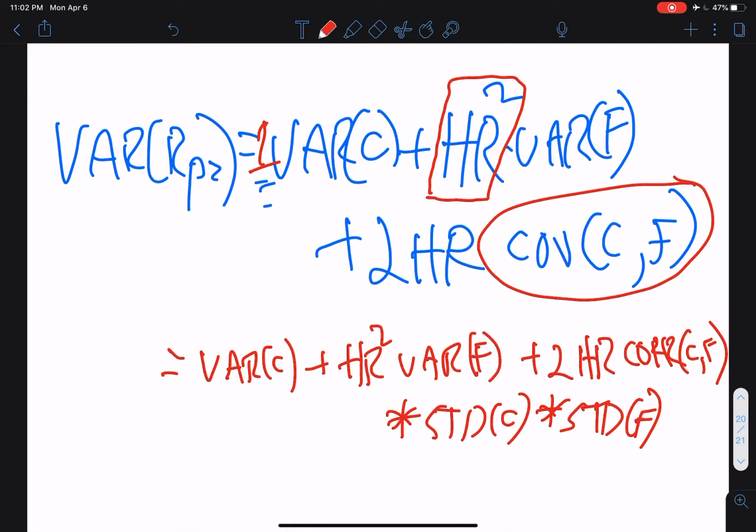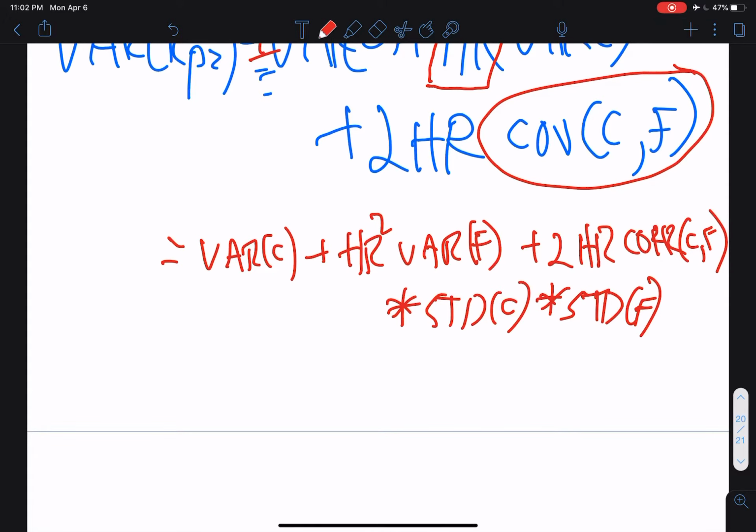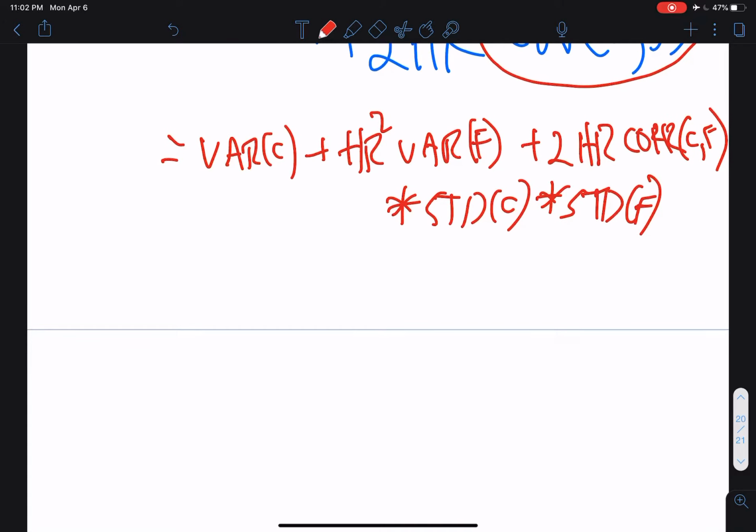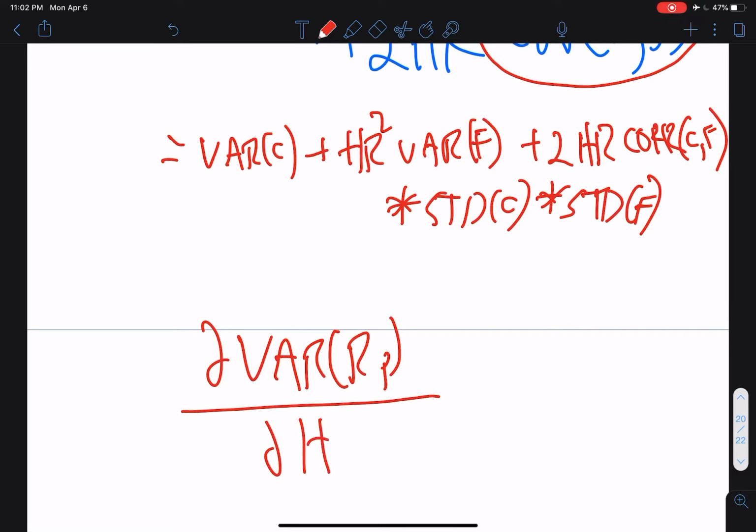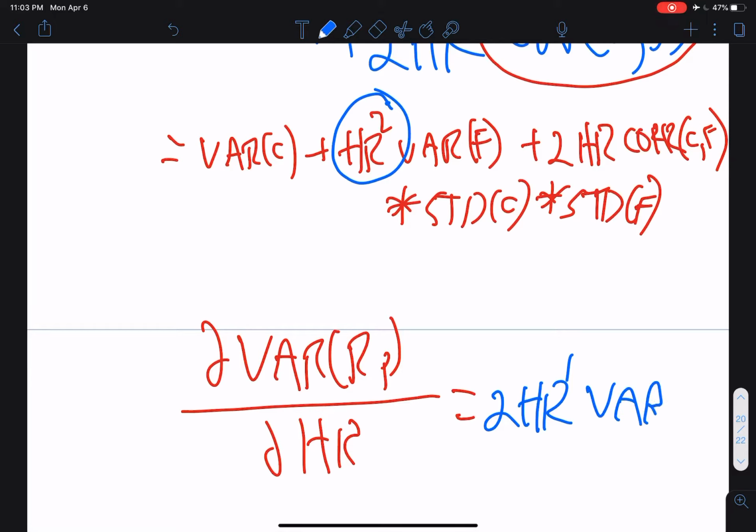Now, in order to minimize the variance, what we want to do is differentiate the variance of the return on the portfolio with respect to the hedge ratio. When we do that, this term right here becomes 2HR to the first power times the variance of F. Treat var F as a constant.